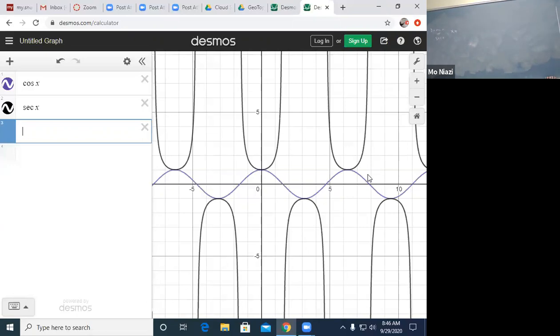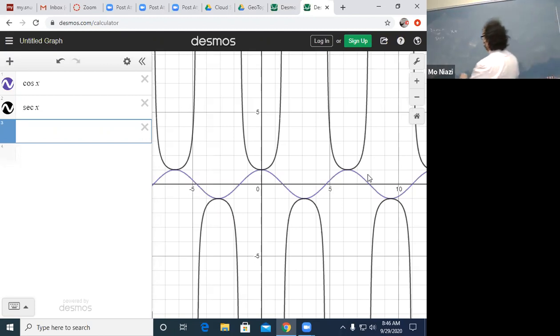One of the vertical asymptotes is at pi over 2. One of the vertical asymptotes is at 3 pi over 2. It's all the points in which cosine gives you a 0: pi over 2 and 3 pi over 2, right?